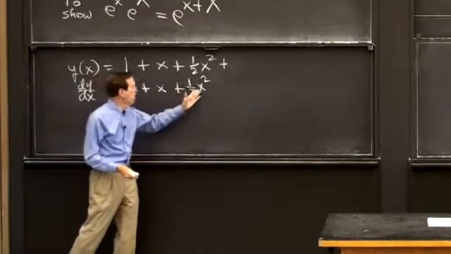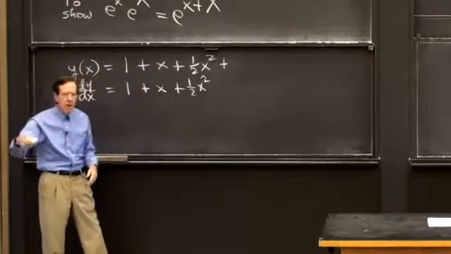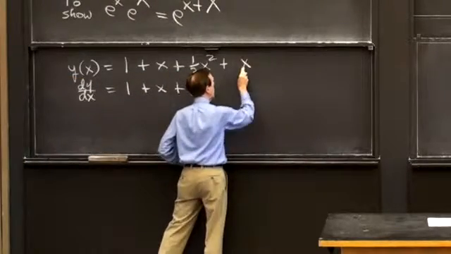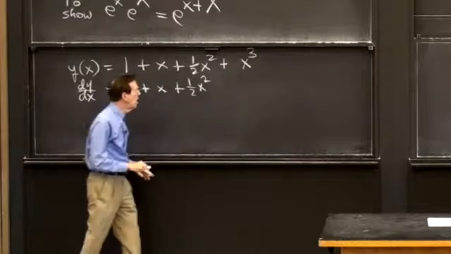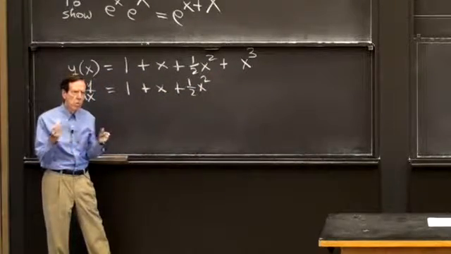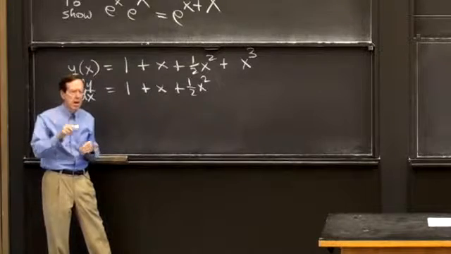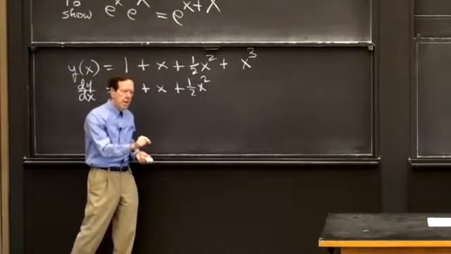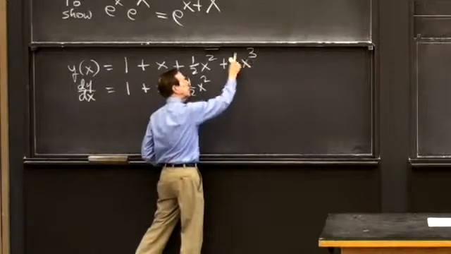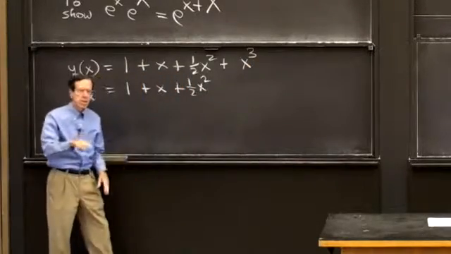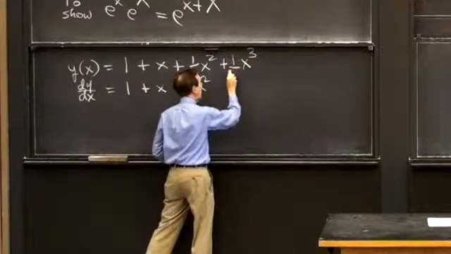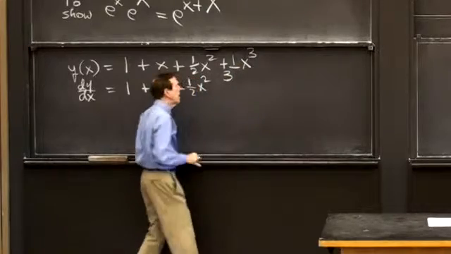If I'm aiming for a slope of x squared, then I need some number of x cubes. So how many x cubes do I need? Well, I need to know what's the slope of x cubed. The rule for powers of x to the n is n times one smaller power. The slope of x cubed is 3 times x squared. So I had better divide by that 3, so that the 3 cancels the 3.